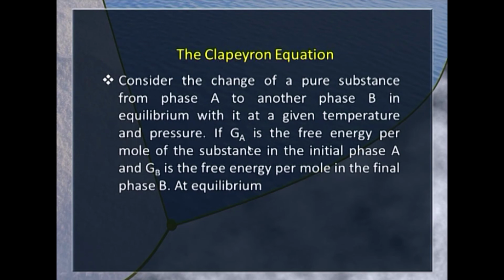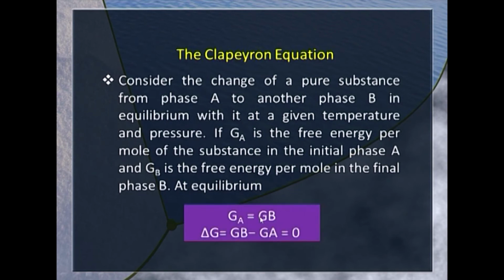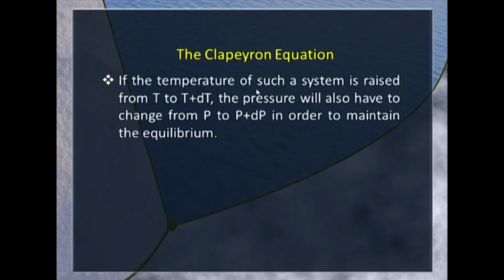So, we can write Ga is the free energy per mole of the substance in the initial phase A, and Gb is the free energy per mole in the final phase B. At equilibrium, these two terms have to be equal because delta G has to be equal to 0, and suppose the system is subjected to some change, that is the temperature goes from T to T plus dT, and the pressure also undergoes a change, that is it goes from P to P plus dP.